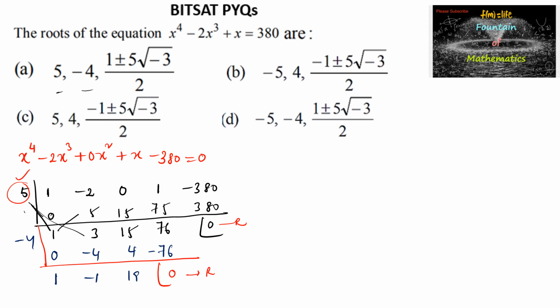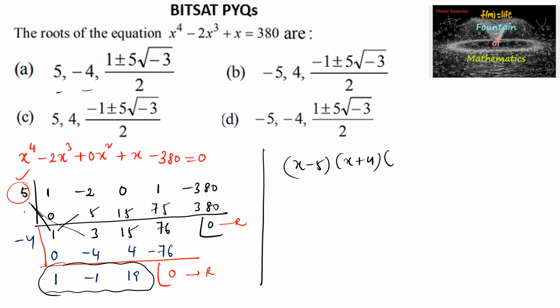So at last, after getting two roots, the second degree equation is x minus 5 into x plus 4 into x square minus x plus 19 is equal to 0.